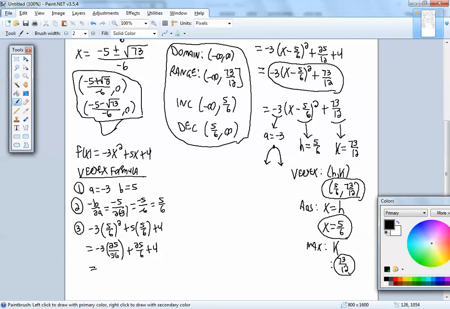Now this 3 is going to simplify the 36, and negative I'll just put up on top. So I got negative 25 over 12 plus, if I rewrite this with a new denominator, 12, I'd multiply top and bottom by 2, and that gives me 50, and then plus 4.